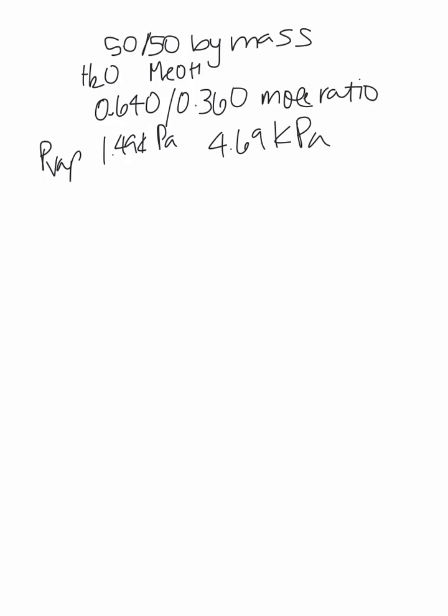So the question then is, how would we go about setting up this problem? We can make our math easy and assume we only have 1 liter, so things will cancel out nicely. If we use our equation for working with gases, PV equals nRT, we know the vapor pressure for each of those gases.